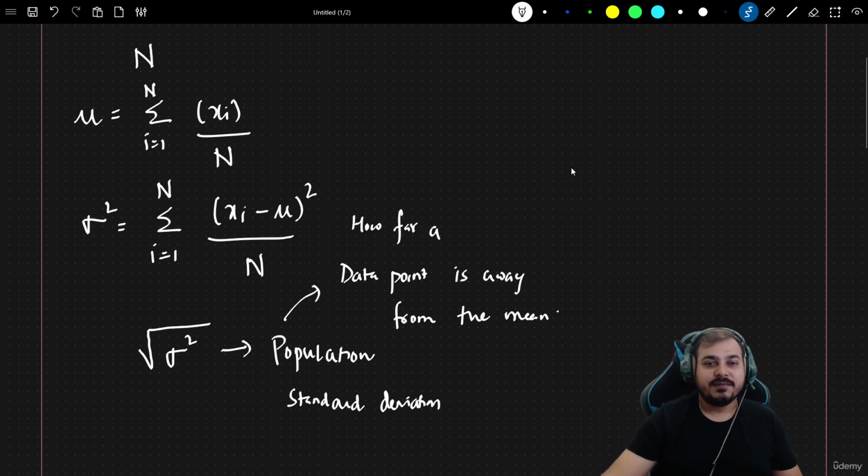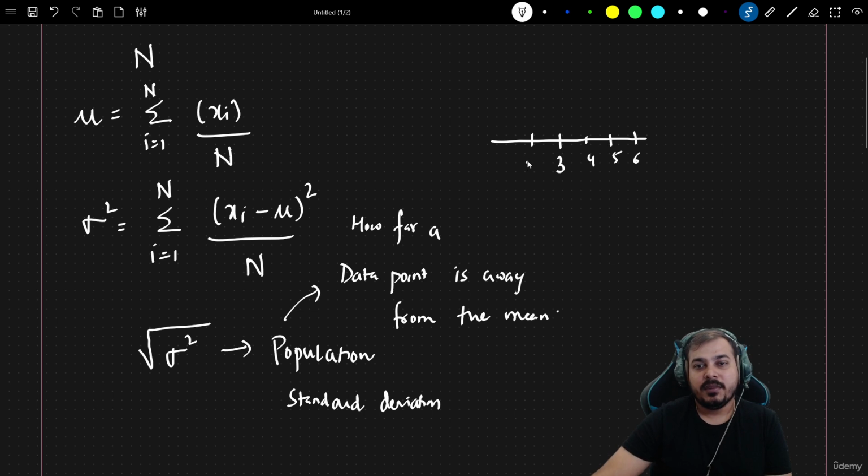Suppose I have a scenario wherein I have values like 3, 4, 5, 6, 2, 1, 0. Let's consider that I have this particular data. Let's consider that my standard deviation is 1, right?